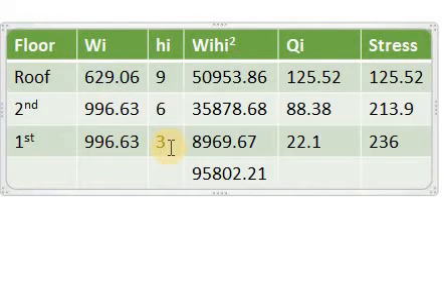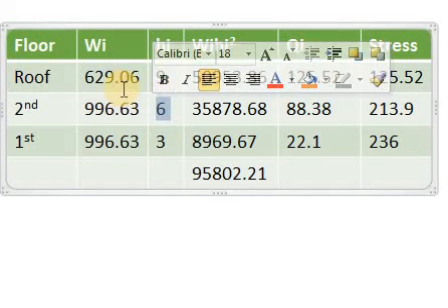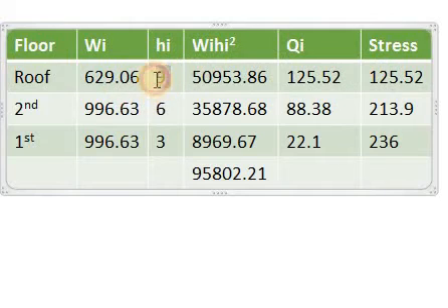Again we will write 3 meter as the height of the first floor from the ground, 6 meter as the height of floor 2 from the ground, and 9 meter as the height of the third floor or roof from the ground. Now we need to multiply this with the square of this to calculate that value.